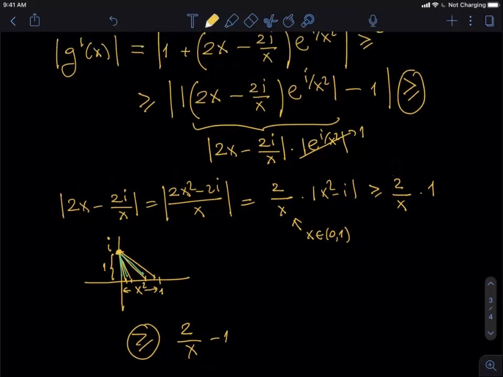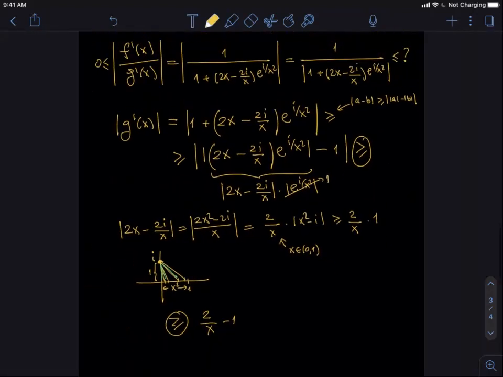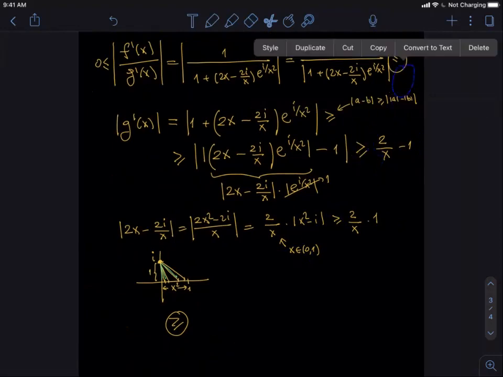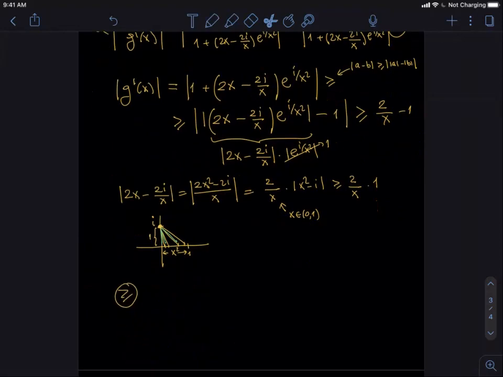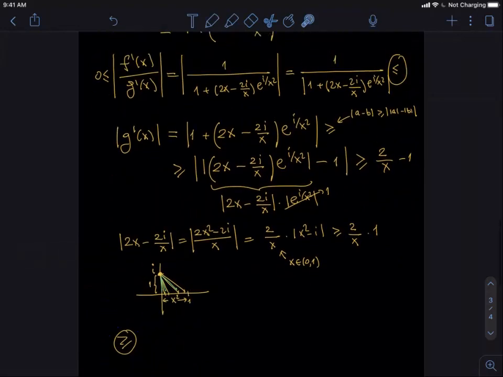And that's it, because once we have this, now we remember what we were doing. Let's keep this here. And let's continue the computation that we were originally doing. Let's continue it here.